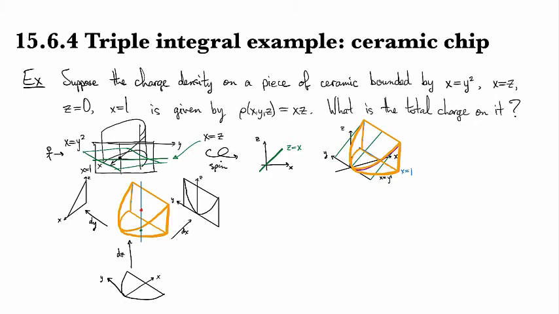So going from this last one, we're going to be starting on this surface down here, which is where we enter the object. We are doing the vertical dz integration first, and then we're going to be leaving through this upper surface here.